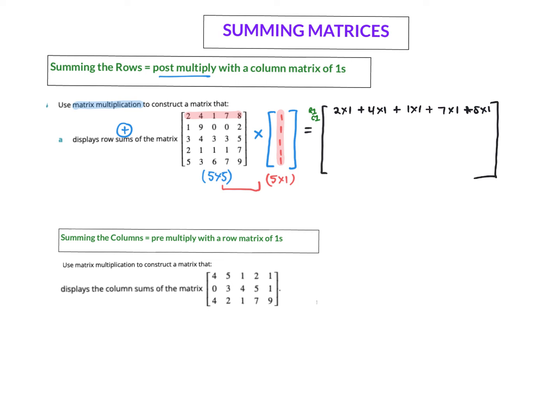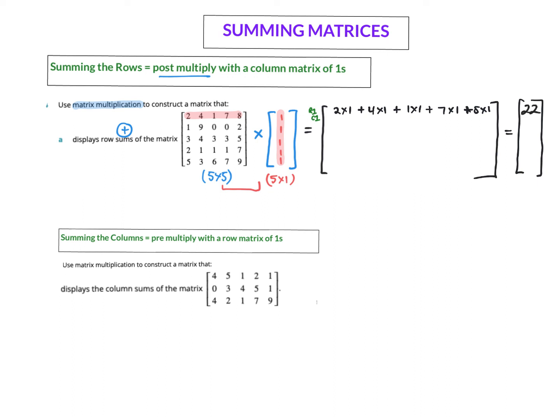Because you're only timesing it by 1, do you change the value of that number? No. So you would have added them all up, and you'll end up with this nice column matrix that has those numbers added up. So which would be 6, 7, 14, what is it, 22? Yeah, 22.